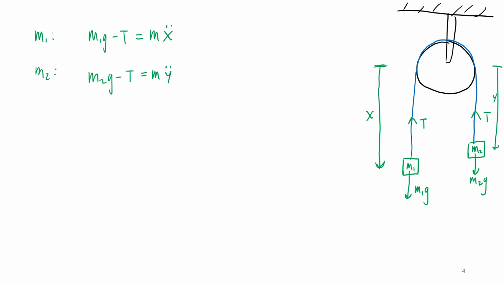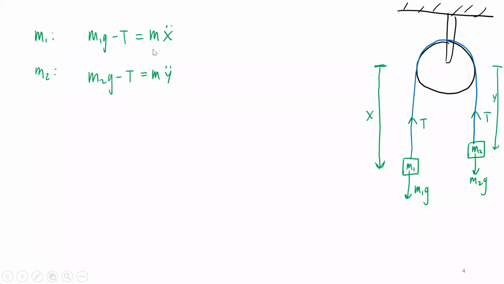Now I told you that I want to find the acceleration of M1, so that means I want to find x double dot. But here we have the unknown x double dot, the unknown y double dot, and also the unknown T, the tension.